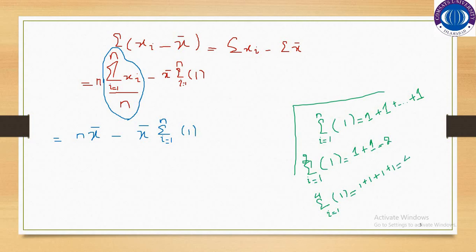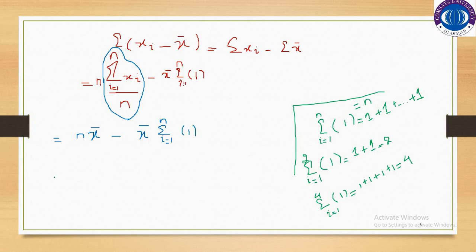That means we are adding 1 four times. So summation i equal to 1 to n applied over 1 means we are adding 1 n times, so this would be equal to n.